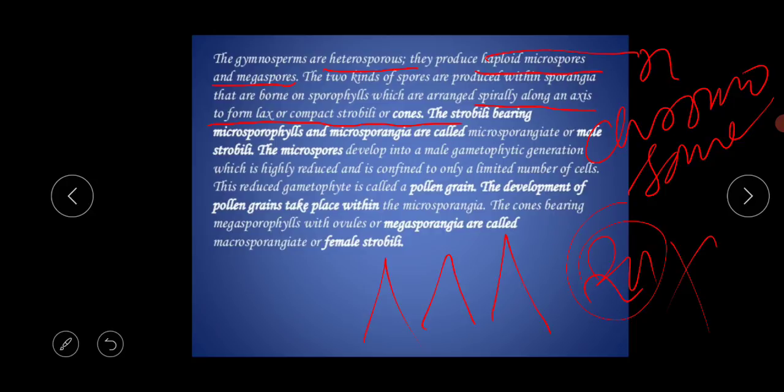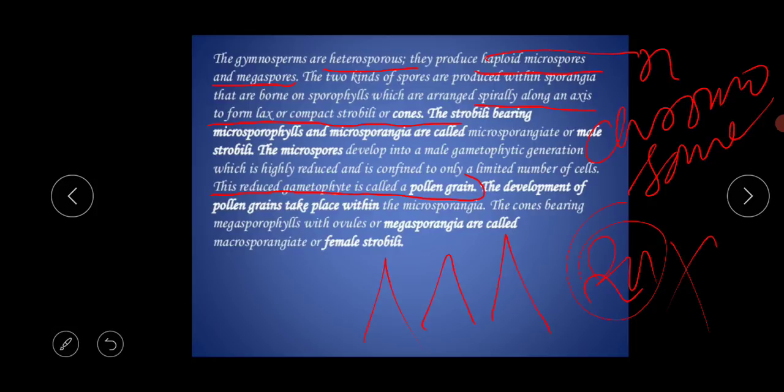The microspores develop into a male gametophytic generation which is highly reduced and confined to only a limited number of cells. This reduced gametophyte is called a pollen grain. The development of pollen grains takes place within the microsporangia.